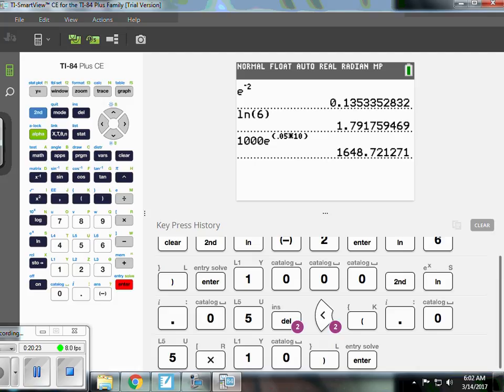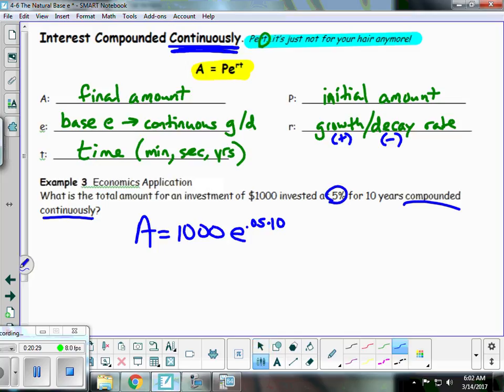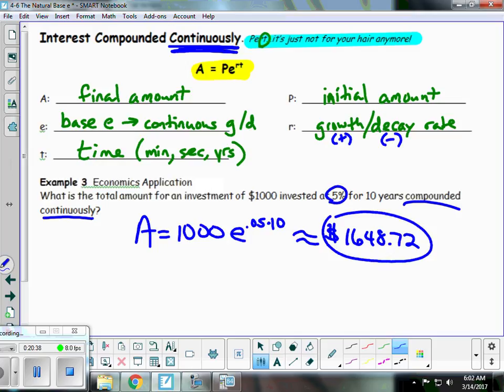About 1648.72. So that's approximately $1,648.72. So this is not compounded like monthly or anything. Every single moment is being compounded.